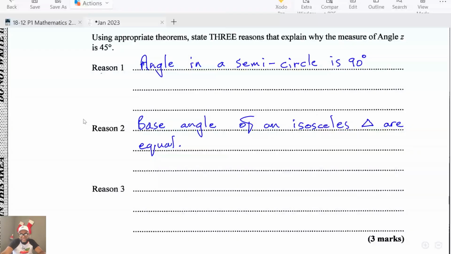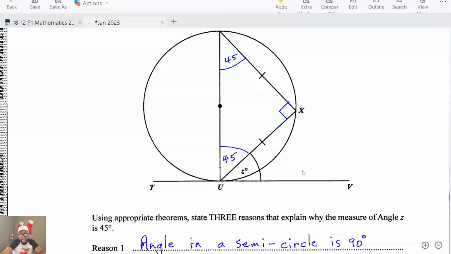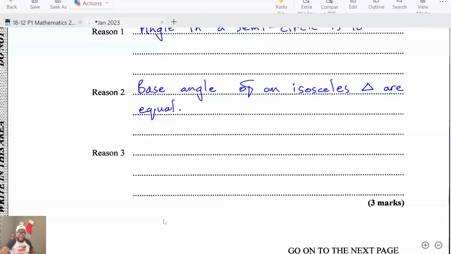And what's the last thing? The last thing would be: angle between a tangent and a chord is equal to the angle in the alternate segment. That's the last term.